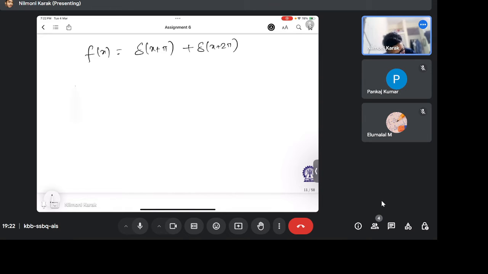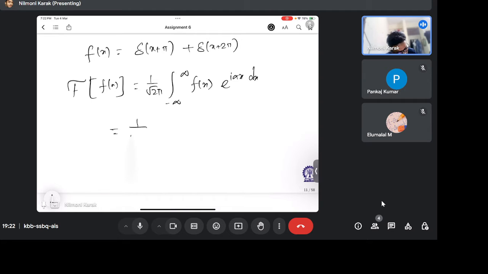Okay, let me check what the Fourier transform is. 1 by root 2 pi, minus infinity to infinity, f(x) e to the power i alpha x dx. Root 2 pi, not root 2 times pi.